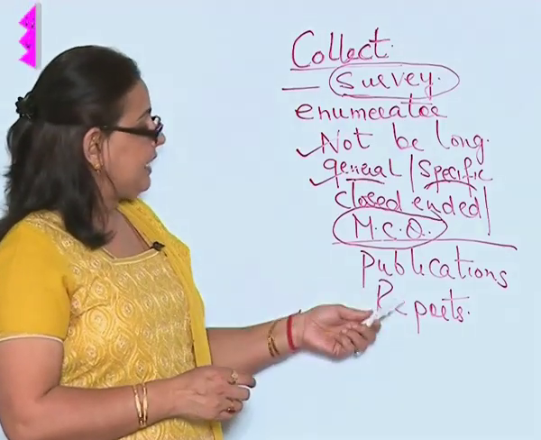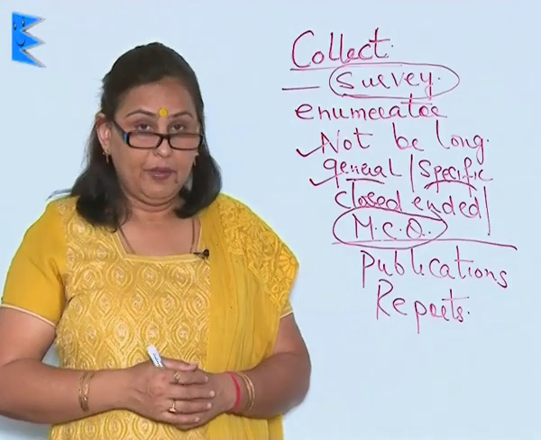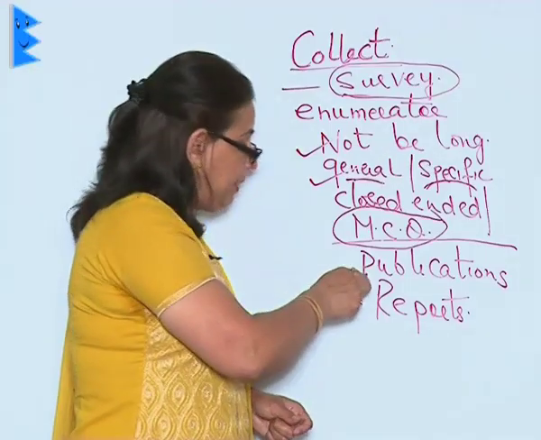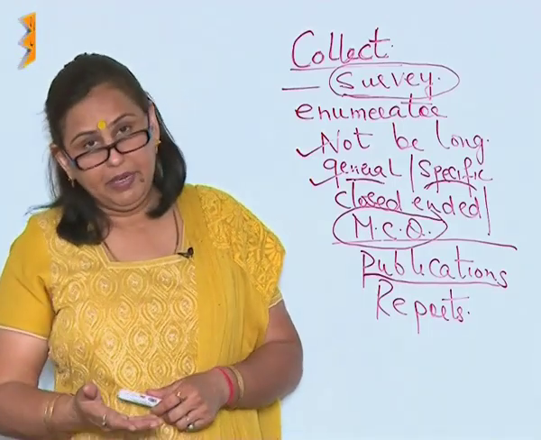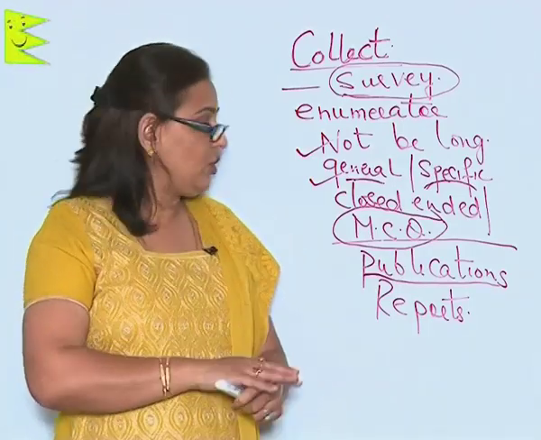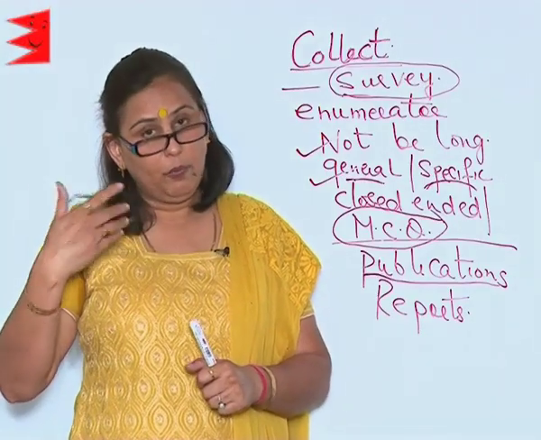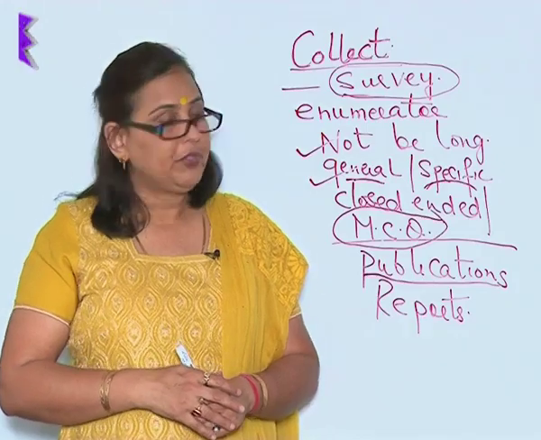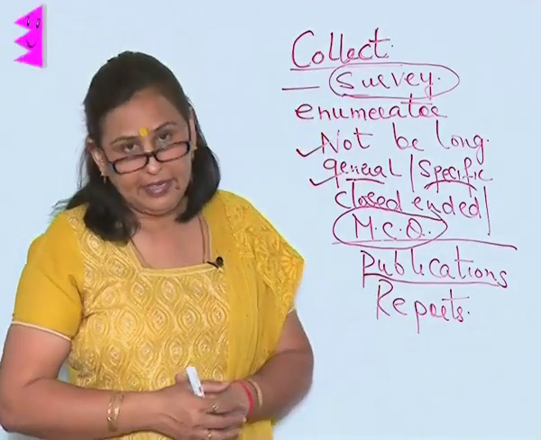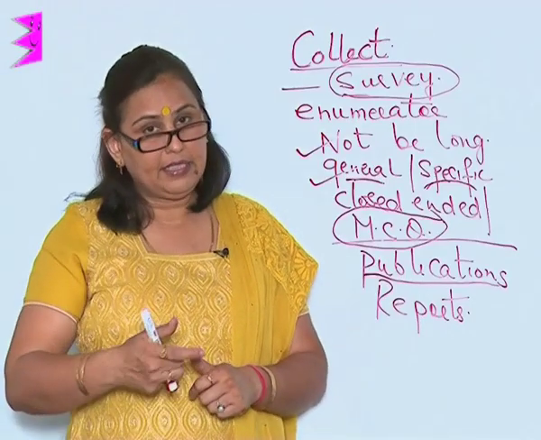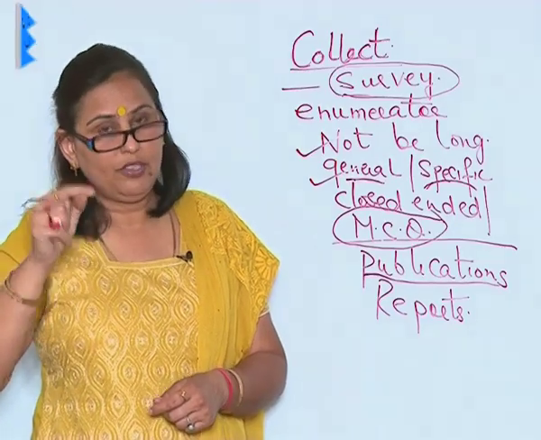But as far as secondary data are concerned, we can collect it from various sources, from the website, from the publications, that is the educational publications or the government publications or the non-government publications, and the reports of various commissions, reports of various surveys, and so on. Thus, this is first of all the method of collecting data, but in the next clipping I shall be talking about the mode of collection of data.